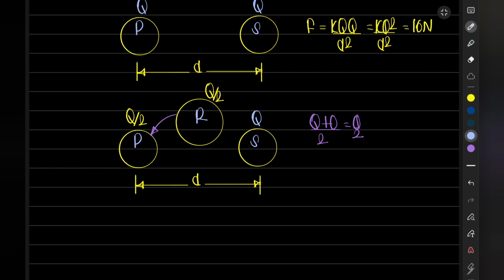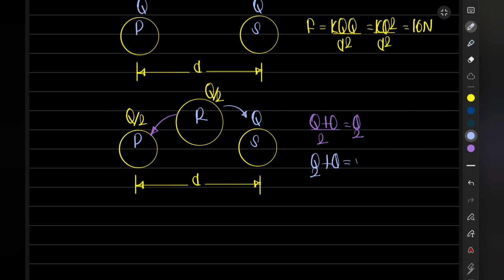Now next step, what are we doing? We are taking this R sphere and touching it with S. Now R is bringing Q by 2 charge and S has Q charge.